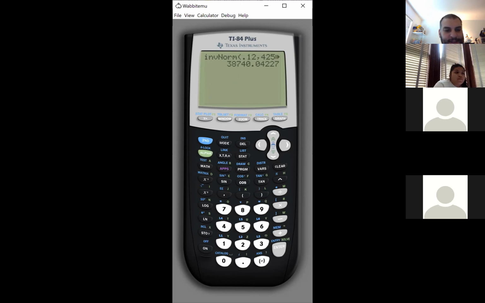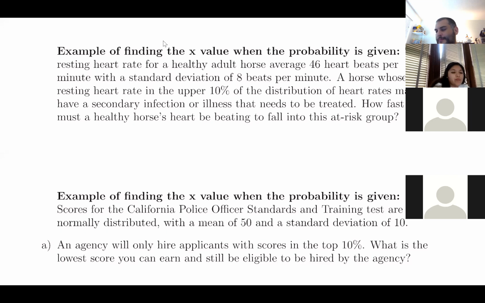So let's go over and do a couple more examples in case you still need some more practice. All right, so for this one, it says the resting heart rate for a healthy adult horse averages 46 heartbeats per minute with a standard deviation of 8 beats per minute.